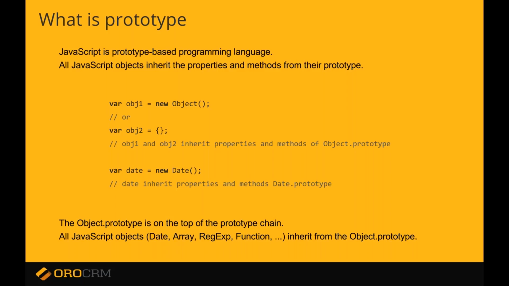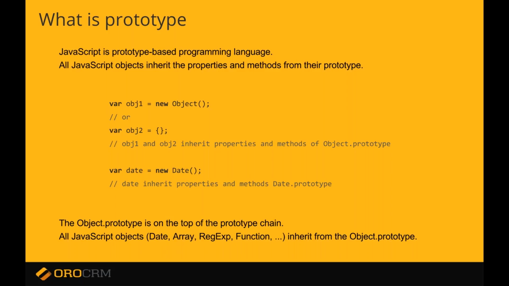So the Object prototype is on the top of the prototype chain. This prototype is not the final level. It can be nested. So, for example, Date.prototype will inherit properties from Object.prototype.